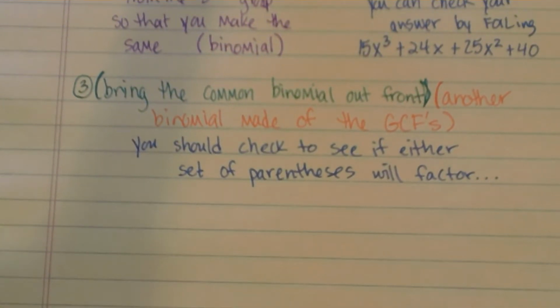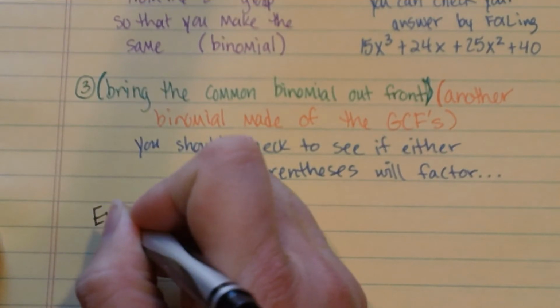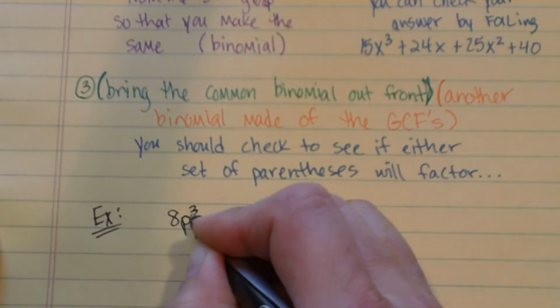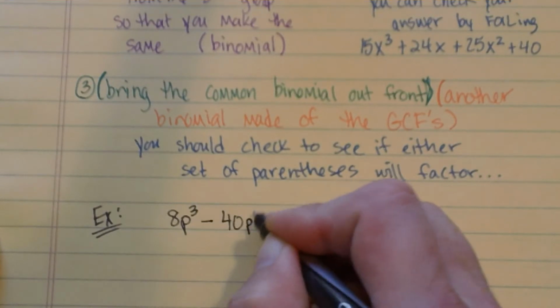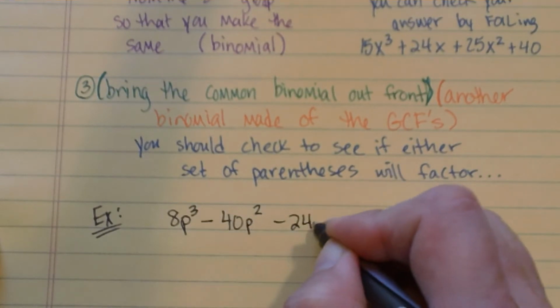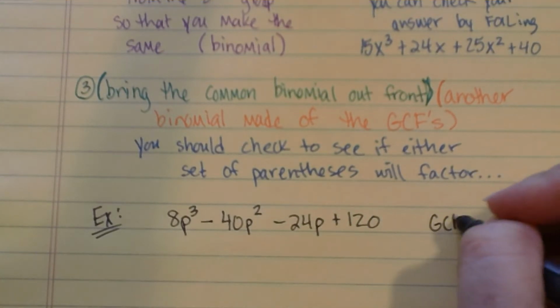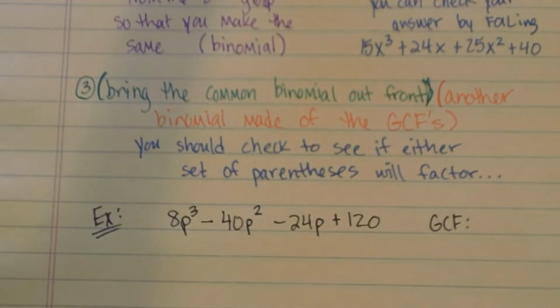We should probably do a couple more examples of these just to get some practice. So let's look at this one. How about 8p cubed minus 40p squared minus 24p plus 120. We want to check first if there's a greatest common factor before we even get started.